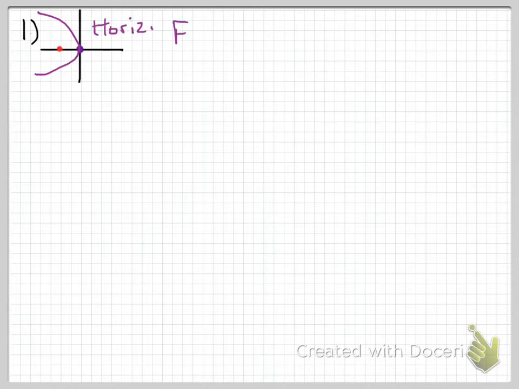parabola. Okay, now we said this focus is -2, 0. Remember that the focus is (c, 0). Our number is in the x position because it moved to the left.